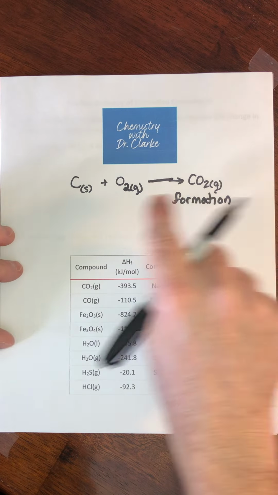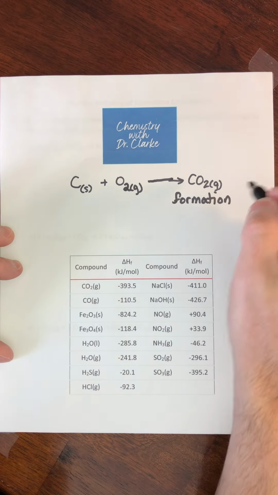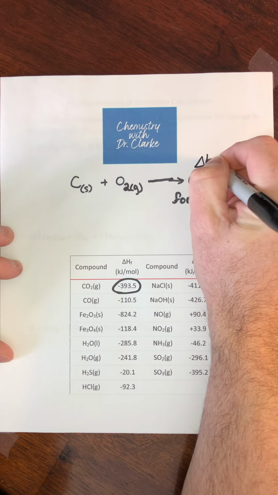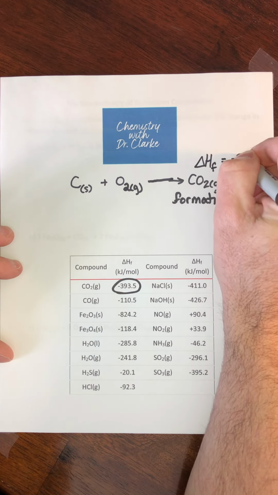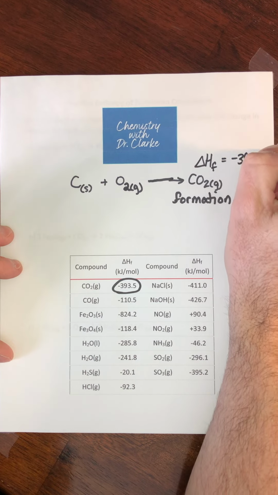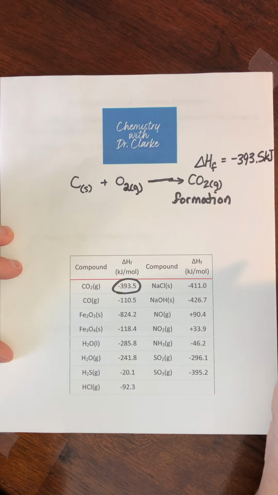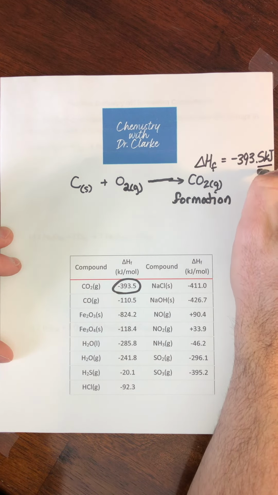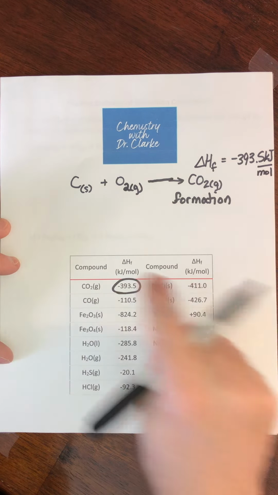Now, the amount of heat that goes with this sort of formation would be right here, right? This would be the delta H of formation, minus 393.5 kilojoules.